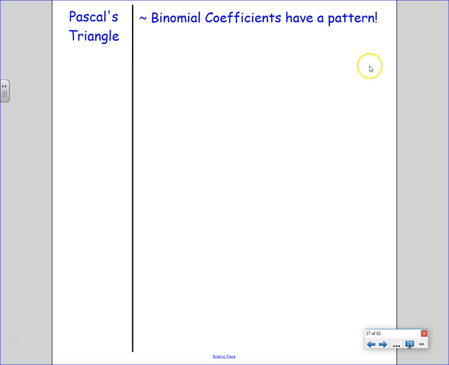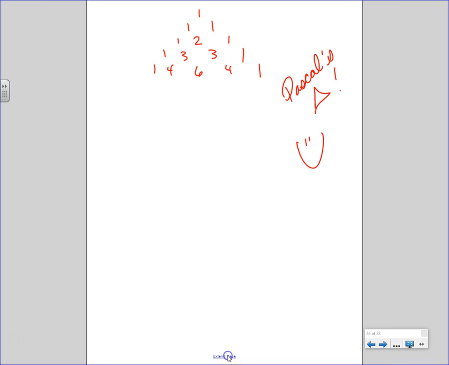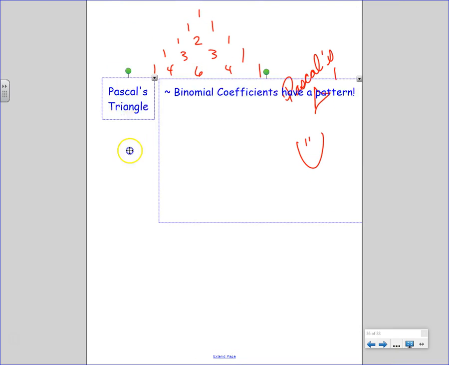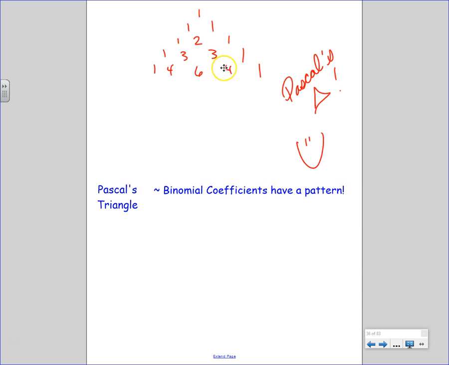If you did write down Pascal's triangle, let me just grab it real quick. Here we go. So there is a pattern. You see it right up above. You have my silly smiley face. Binomial coefficients do have a pattern, and this is how it is displayed.